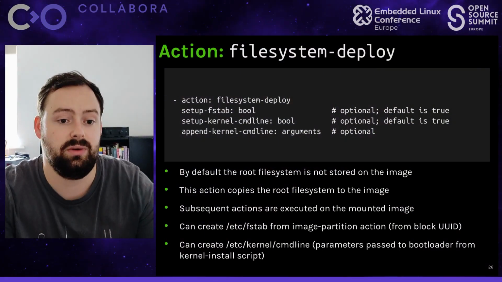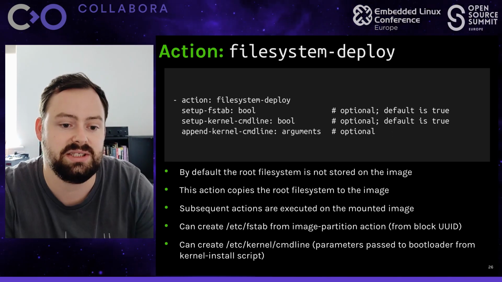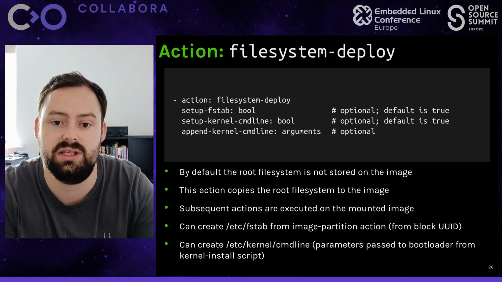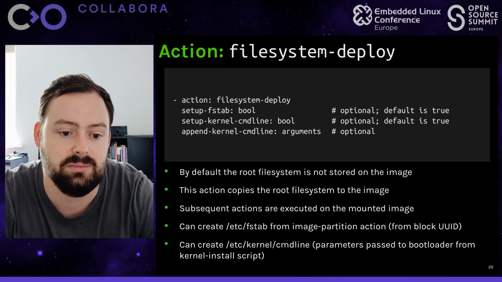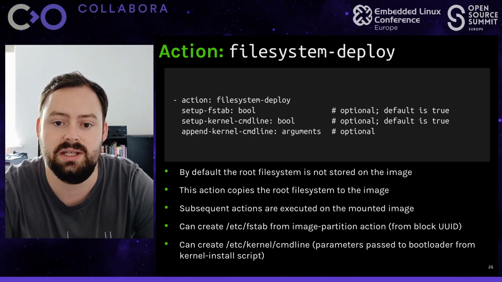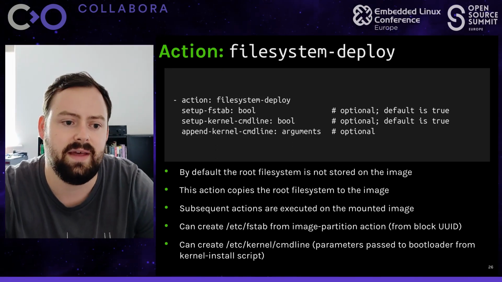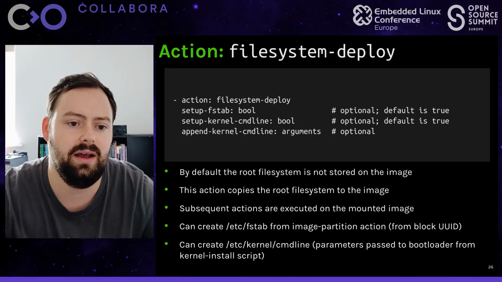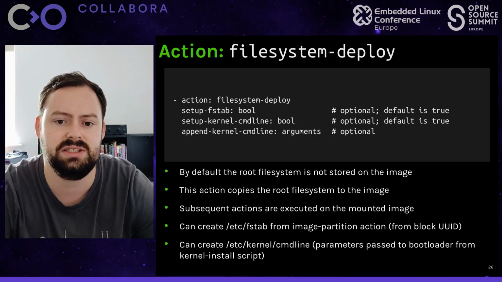So we've got the filesystem-deploy action, which is usually used after the image partition action, which basically copies the whole file system onto the image. Usually by default, the root file system isn't stored on an image, it's stored in a tmpfs, usually 2 gig by default. And we use a tmpfs because it's a lot quicker than writing to disks in some cases.